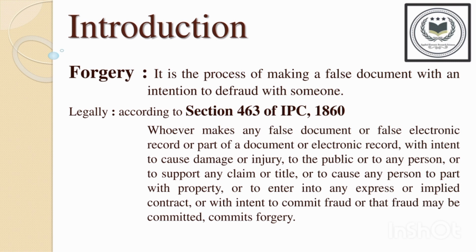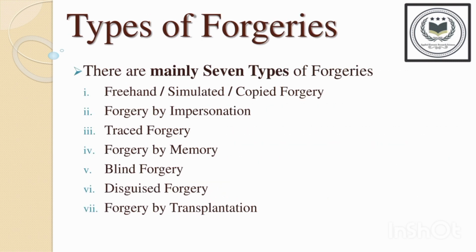According to Section 463 of the IPC 1860, the definition of forgery is: whoever makes any false document or false electronic record or part of a document or electronic record with intent to cause damage or injury to the public or to any person, or to support any claim or title, or to cause any person to part with property, or to enter into an express or implied contract, or with intent to commit fraud, that person commits forgery. Now we will discuss types of forgery.